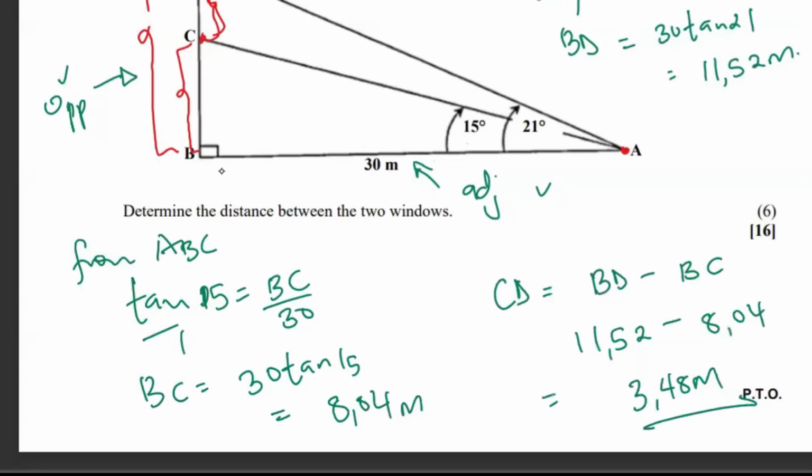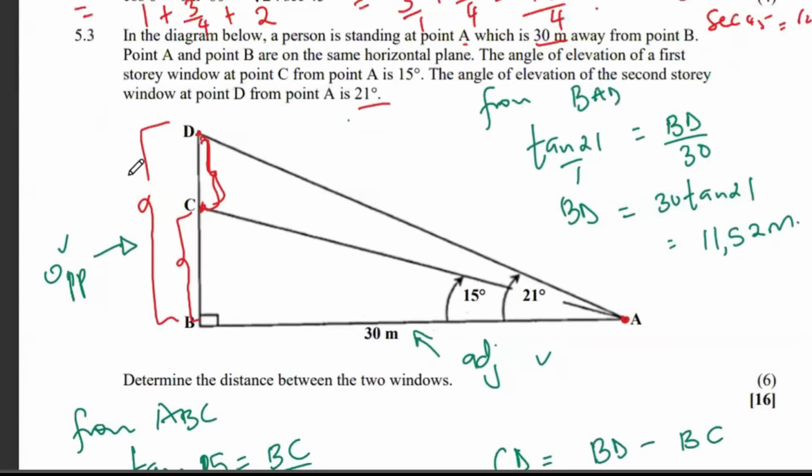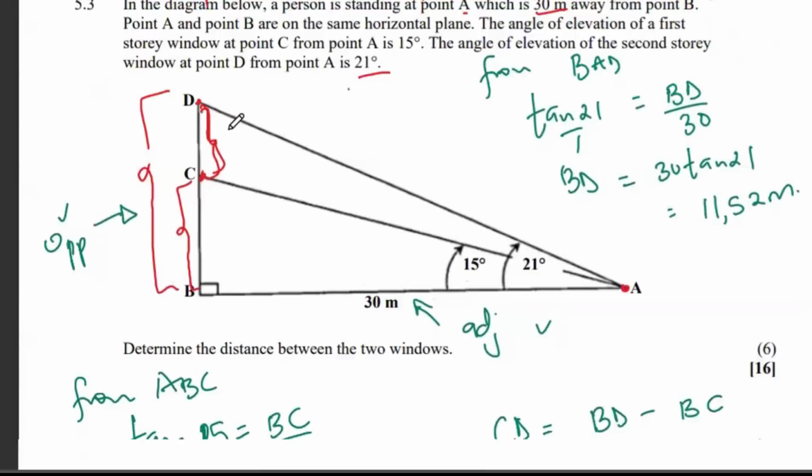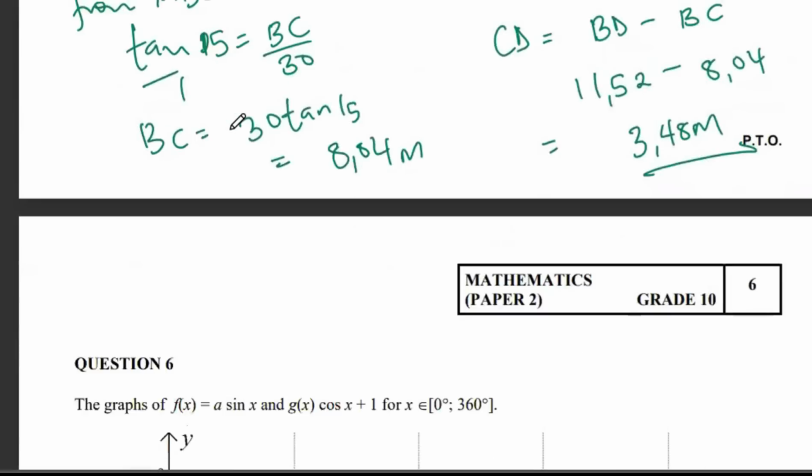So that is how we would approach that. So this question can also be asked using different contexts. Let's say a boat that is moving from one point to another, or a flag, or a tower, or whichever format it is. All you need to know is which ratio are we going to look at. Okay, so that is question number 5.